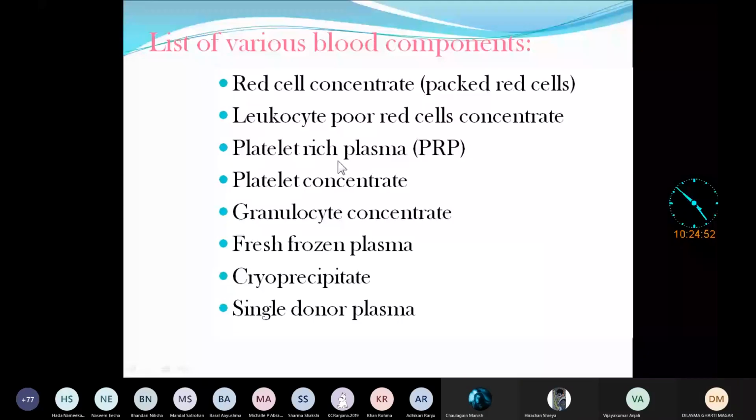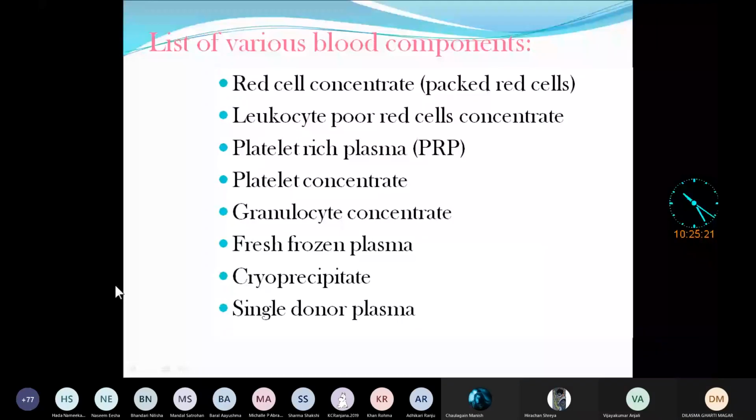Understood here? So whenever you come to the clinical side, mainly three things you will use. One is the packed red cell, another is platelet rich plasma, PRP, you will say all the time, PRP. And another one is fresh frozen plasma, FFP, you will say. Understood here? So basically three things you have to know, but from the blood, different components can be made.